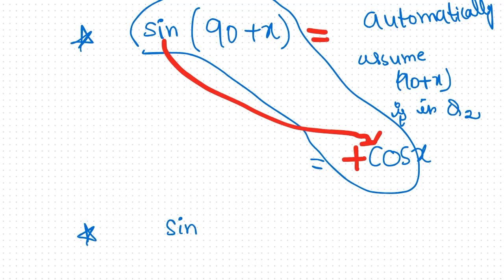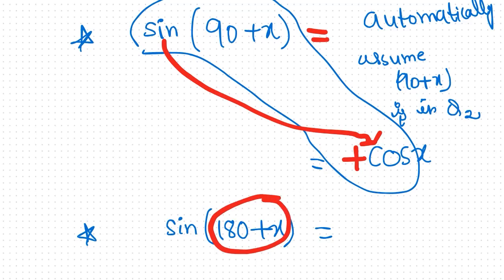But let's say 180 plus x. Will it be positive or negative? 180 plus x means it lies in what quadrant?